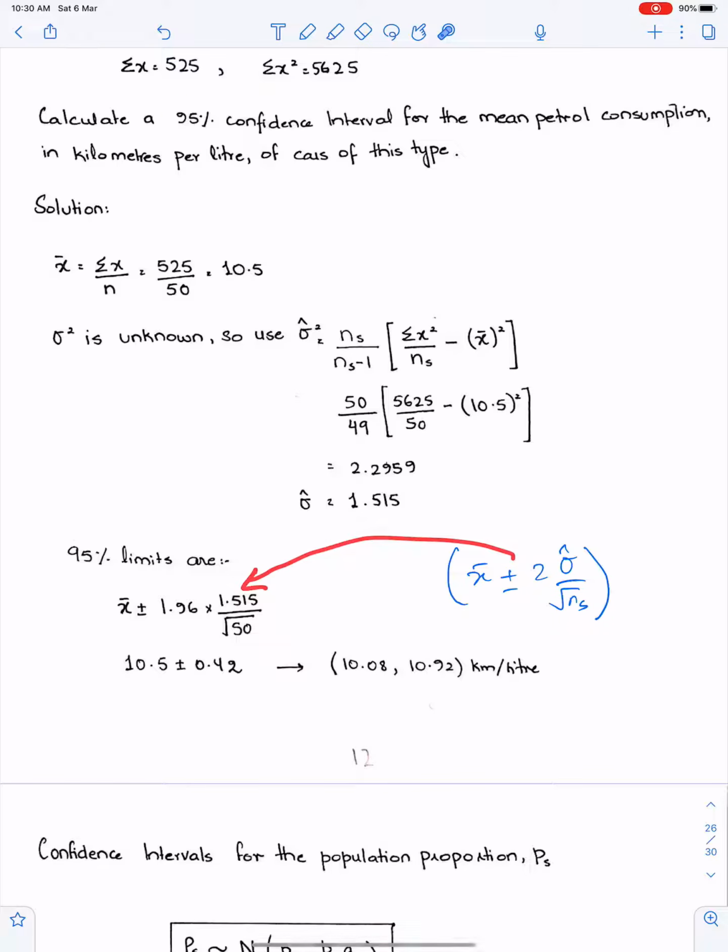Since it's 95%, the corresponding value of z is 1.96. Make sure you write the whole value of sigma. This is very important. So I'm writing dot dot here. You should do this calculation yourself and write the whole value of sigma here. And this is the confidence interval of mu.